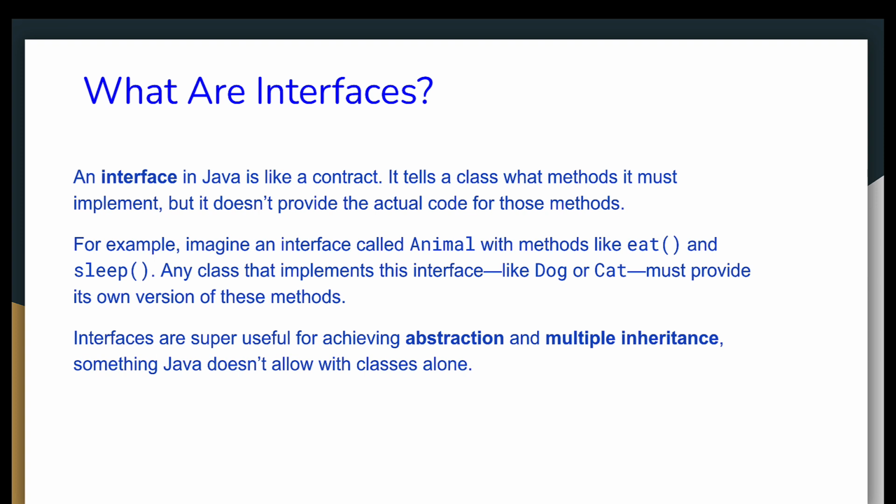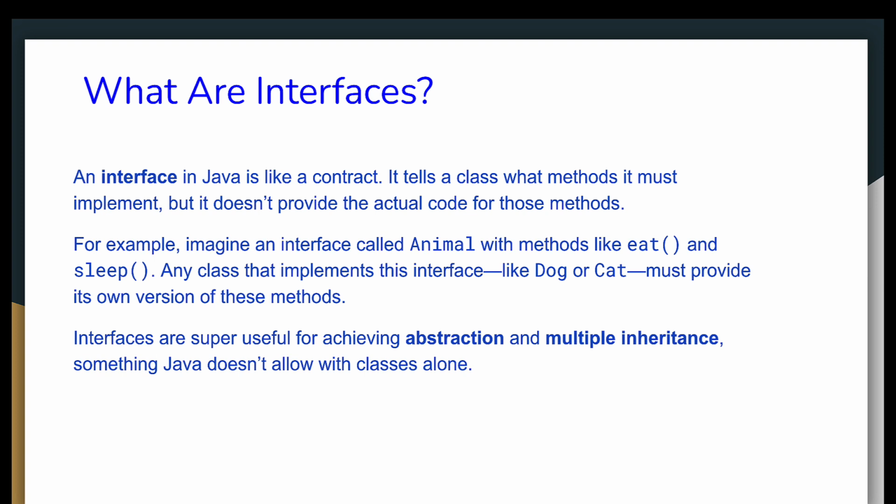What's an interface? An interface in Java is like a contract. It tells a class what methods it must implement. So it'll give all the methods that the class has to implement. When I have an interface declared, my class can implement that interface.